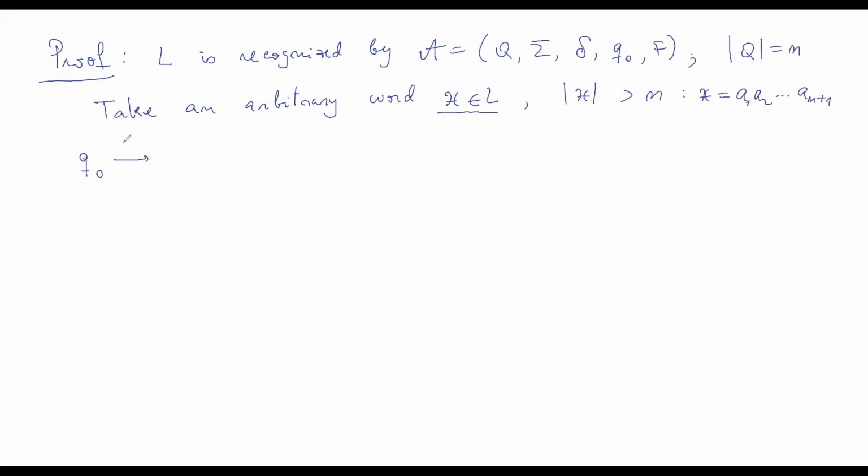So if I take this computation, the letter A1 takes me to Q1, and the letter A2 takes me to Q2, and so on. In fact, you know what, it is enough if I take it up to N, and it's going to be enough for my argument. So the last letter AN takes me to state QN.